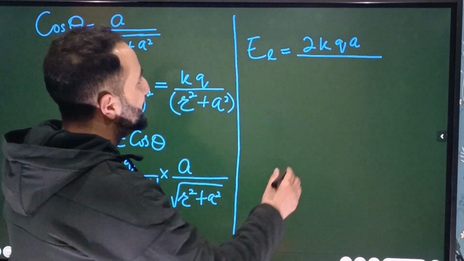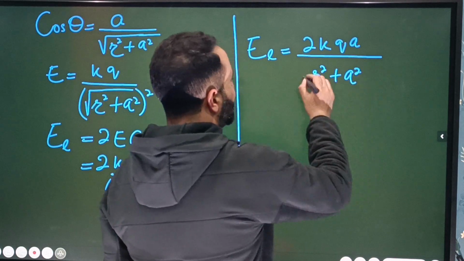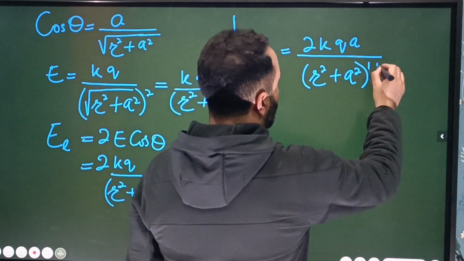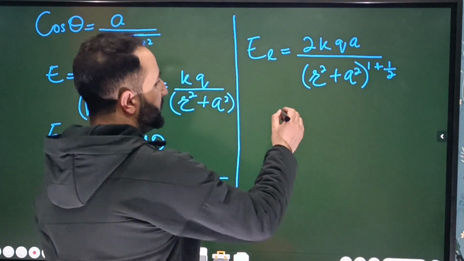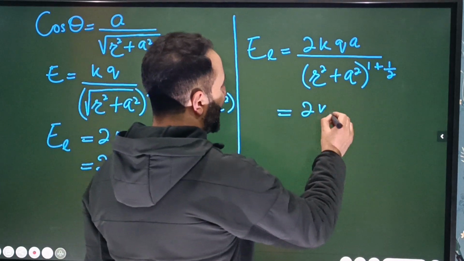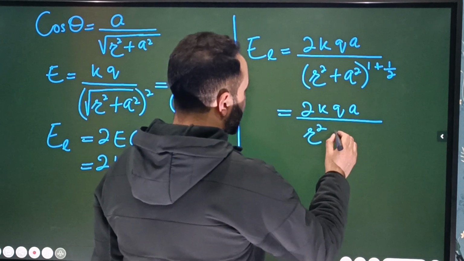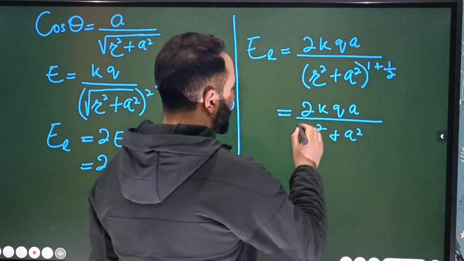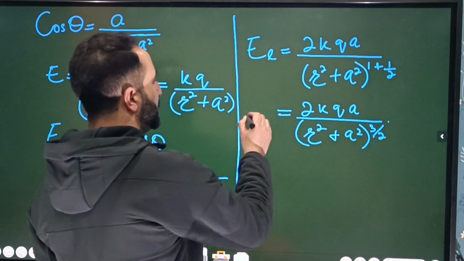So it will be twice KQa divided by r square plus a square raised to the power 3 by 2.